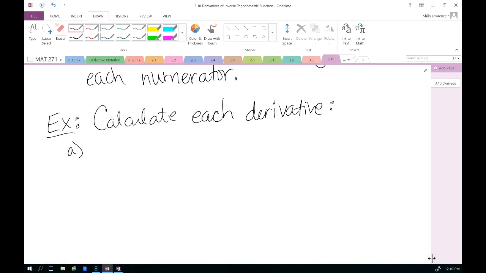So I just want to do a couple of quick examples. We want to calculate each of these derivatives.